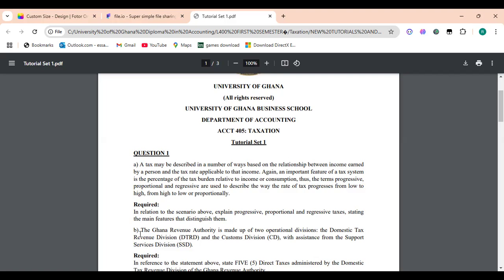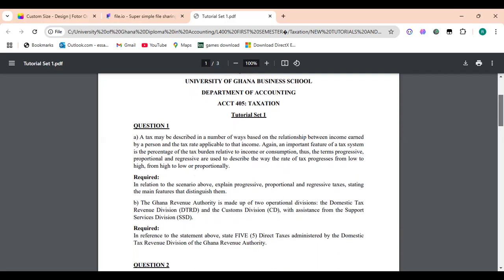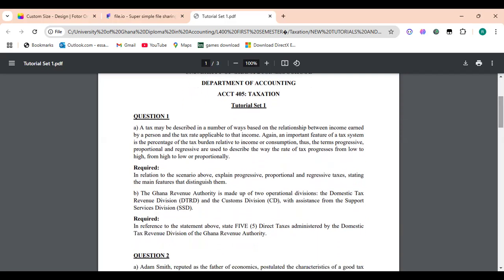Question B here. The Ghana Revenue Authority is made up of two operational divisions, the Domestic Tax Revenue Division and the Customs Division, with assistance from the Support Service. In reference to the above statement, state 5 direct taxes administered by the Domestic Tax Revenue Division of Ghana.